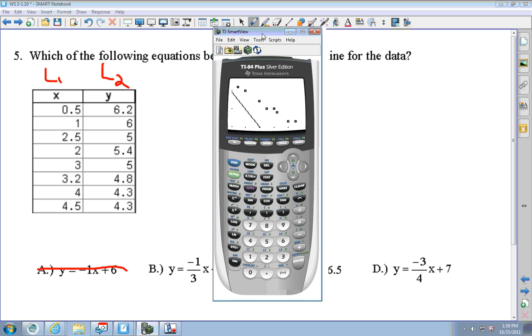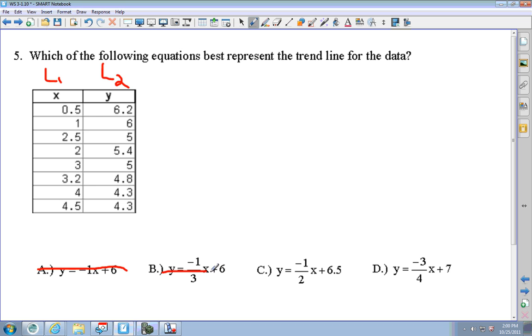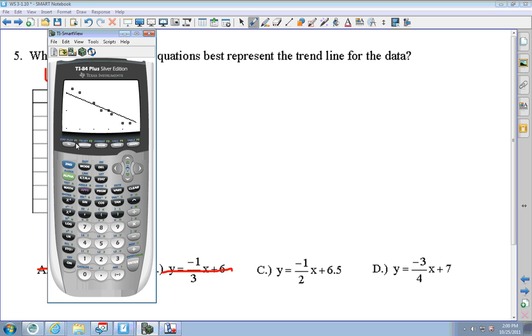Let's try the next one. Let's go up here and go negative 1/3 x plus 6. Press graph. Oh no, see it goes through this little part here, but it doesn't slant exactly through here. So B is not it. Try the next one.